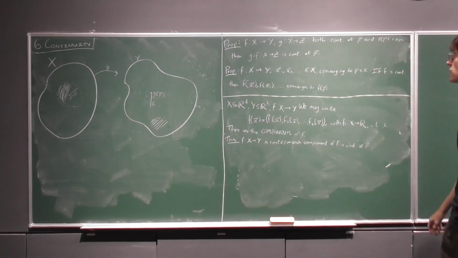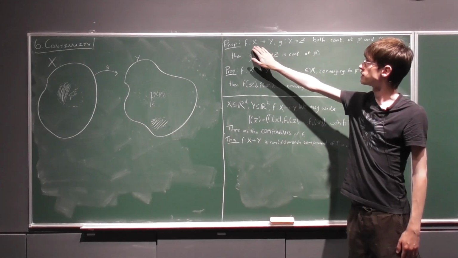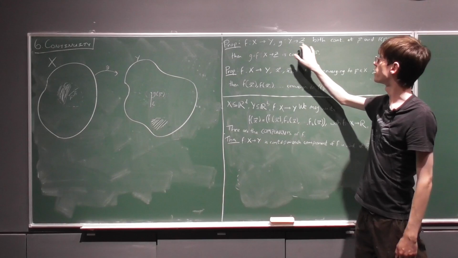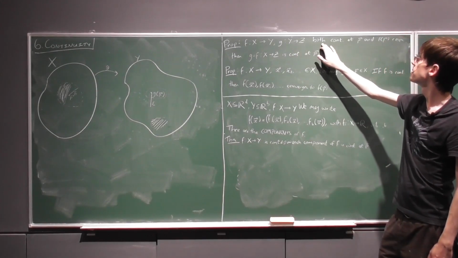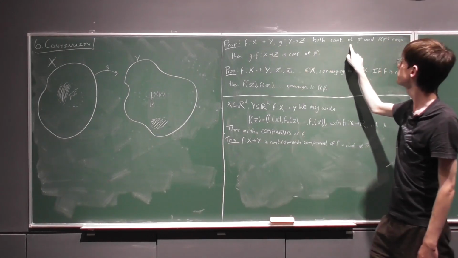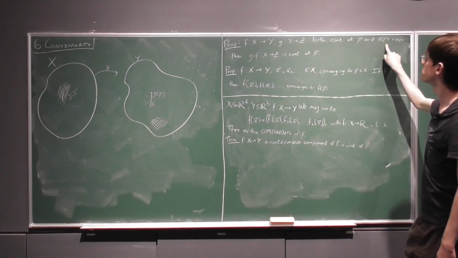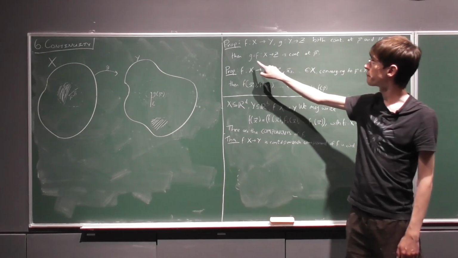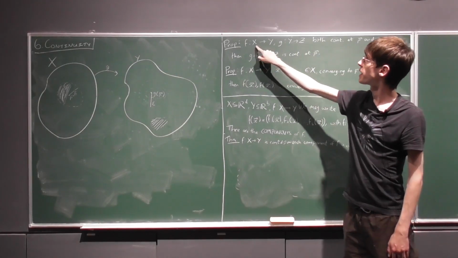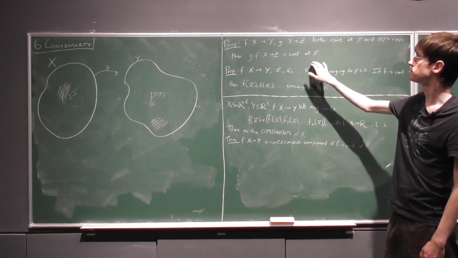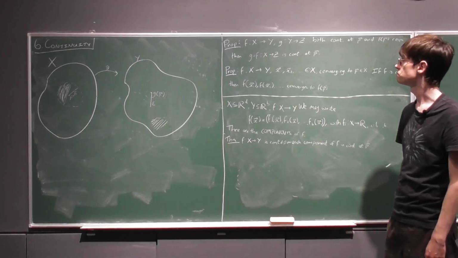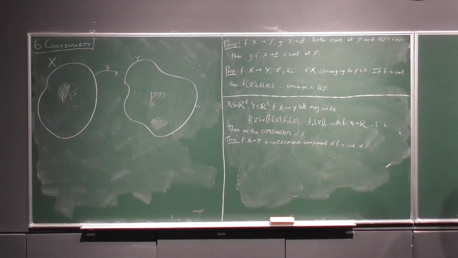So some properties of continuous functions, which you've probably seen before: if we have f mapping from X to Y and g from Y to Z, if f is continuous at p and g is continuous at f of p, then the composition map g of f, which maps from X to Z, is continuous at p, which should seem intuitive enough.